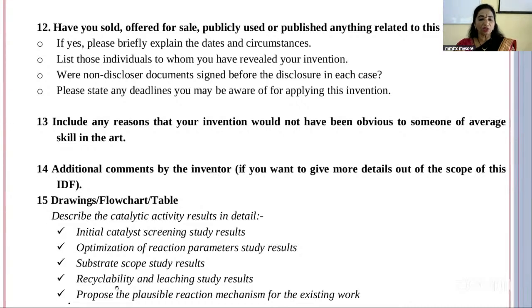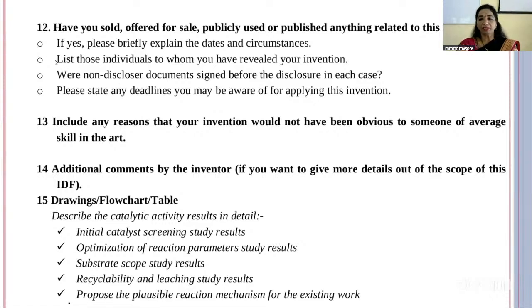I think you are now seeing how complicated it is to even file a patent. Include any reasons that your invention would not have been obvious to someone of average skill in the art. If somebody with average skill in the art doesn't understand it, then tell me the reasons for that, and the reasons for your invention to invent such an idea.